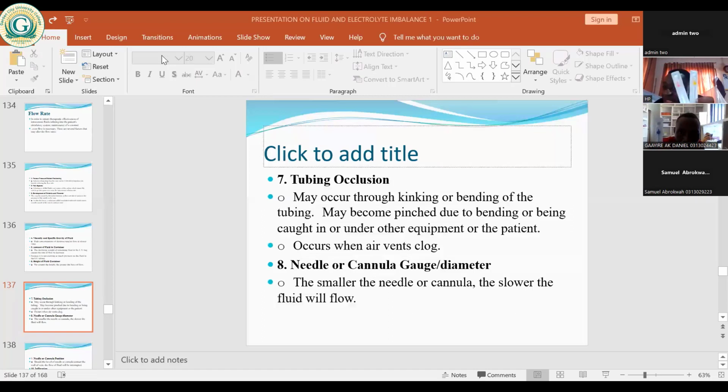If the child's vein is very tiny, then you have to look for smaller cannulas so it can fit into the lumen without destroying it or getting interstitial. The smaller the cannula or the diameter, the slower the flow rate, and the bigger the lumen, the faster the flow rate.